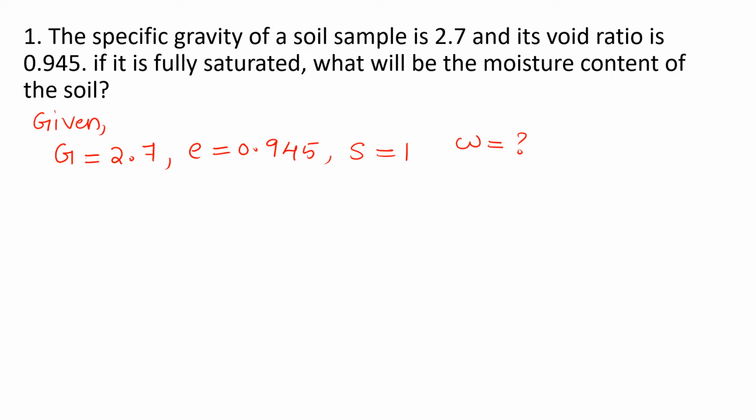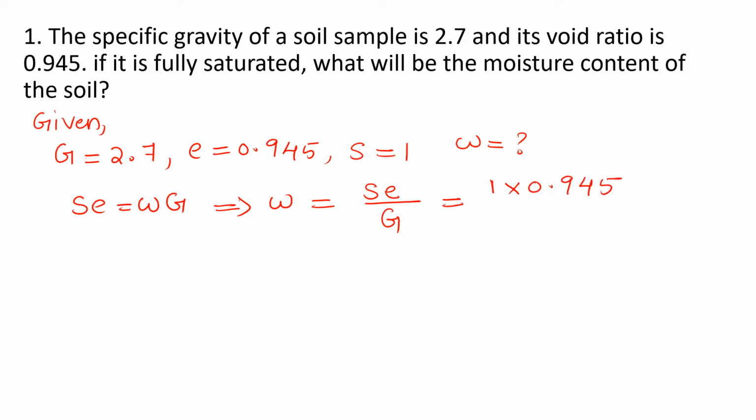So in the last class we have derived an equation Se = wG. From this equation we can find water content w = Se divided by G. All the values are given. S is 1, e is 0.945 divided by G is 2.7.